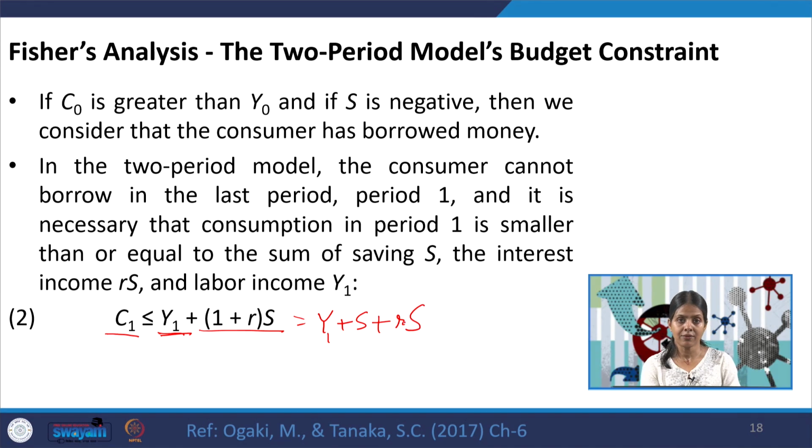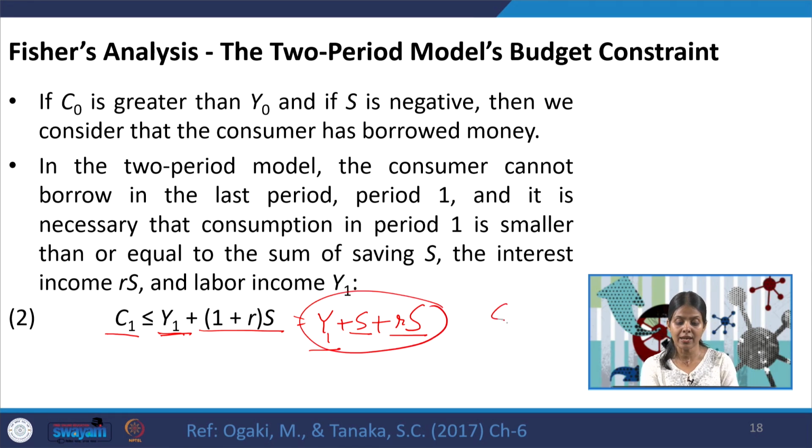If you have saved some money, then this is the interest income that you receive. You can draw down your entire saving and the income that you have earned. So, taken together, this is the maximum possible consumption.